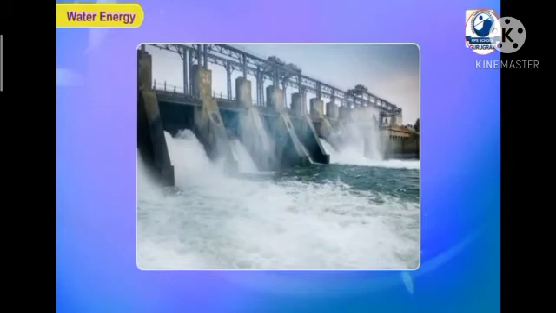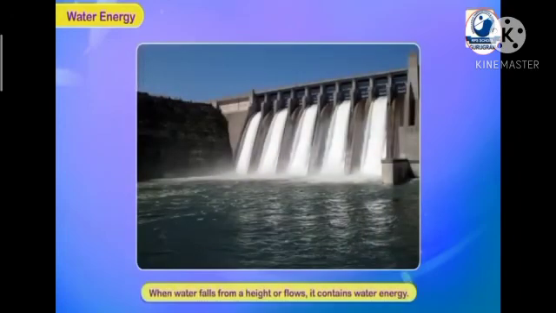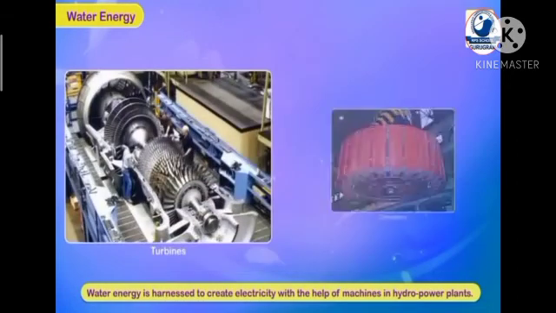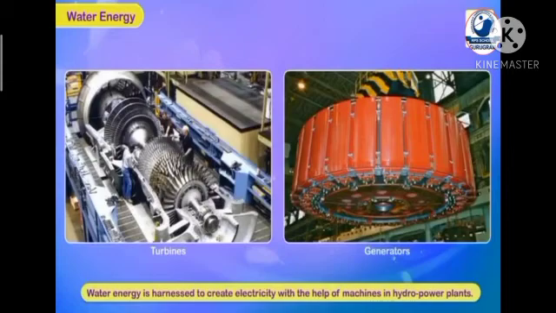Water energy. When water falls from a height or flows, it contains water energy. This energy is harnessed to create electricity with the help of machines like turbines and generators.